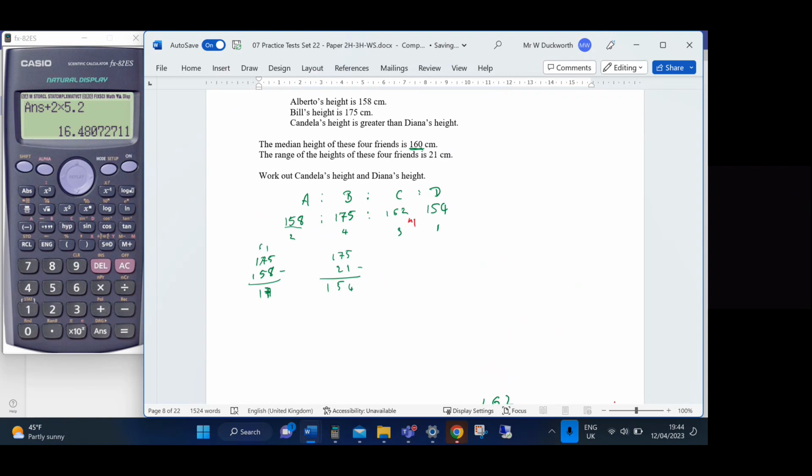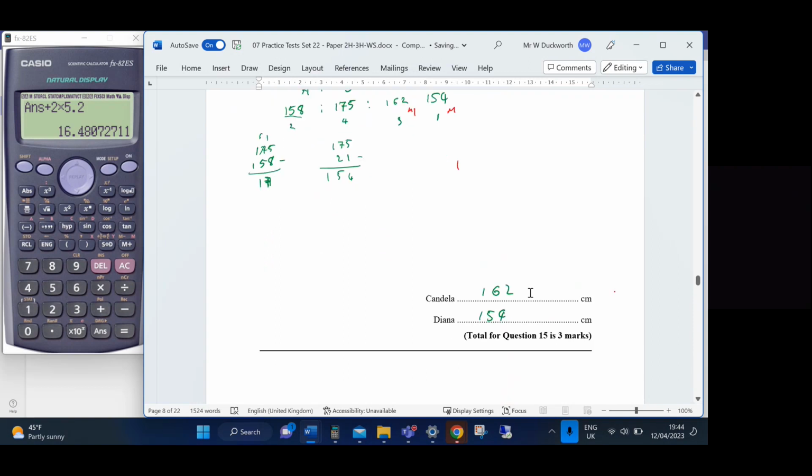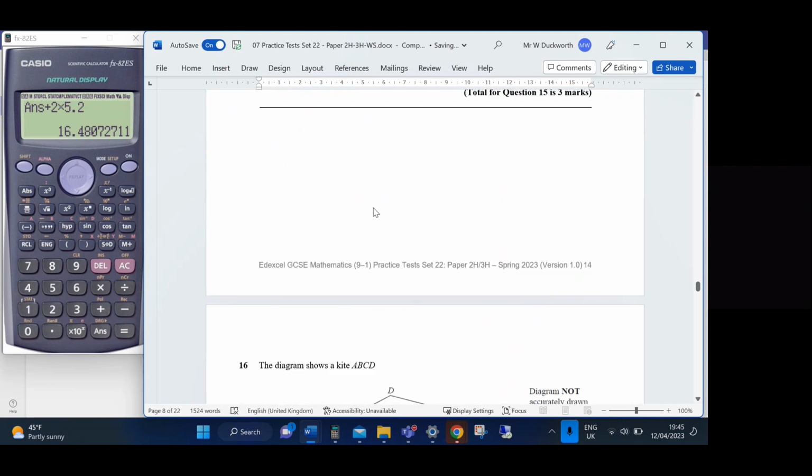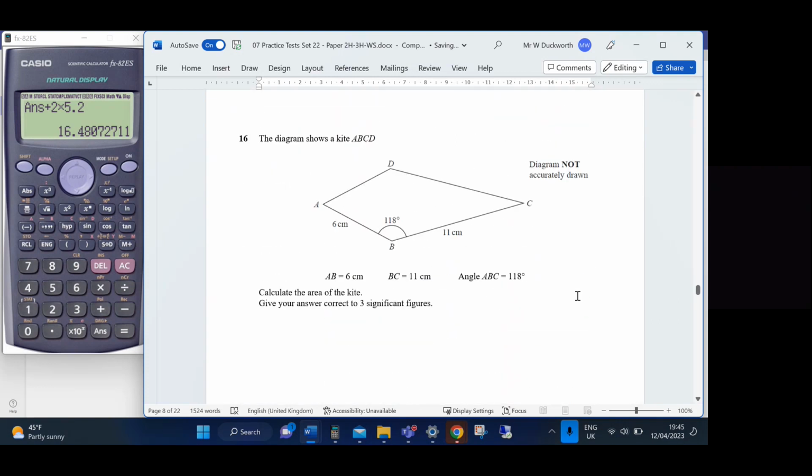M1 for a method to find Diane's height, okay, so M1 there. And then A1 for them being correctly attributed. Right, there we go. Okay, on to question 16 then.